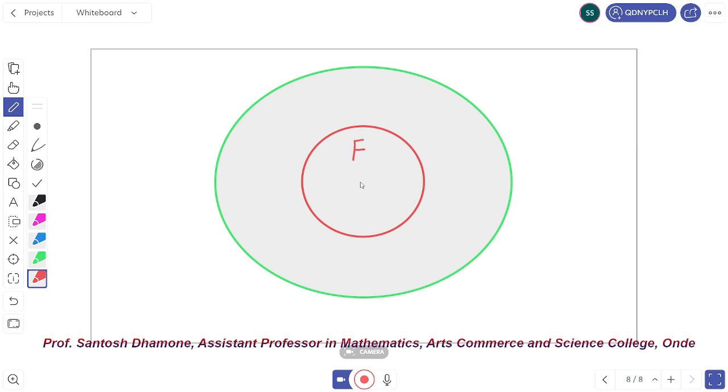This implies that the open ball about P with radius S is contained in A complement, and this implies that A complement is open. If the complement of A is open, then A is closed. This is the proof of our problem.